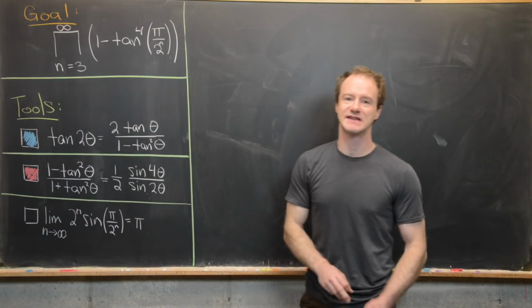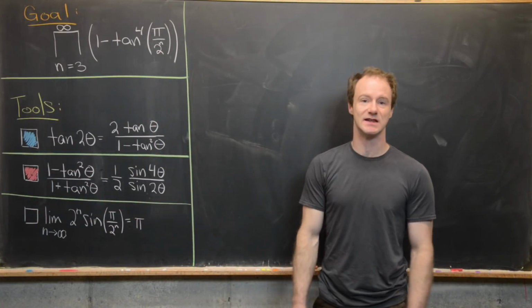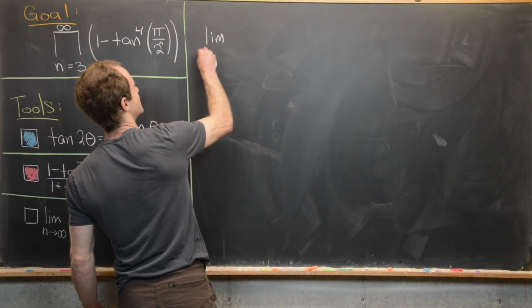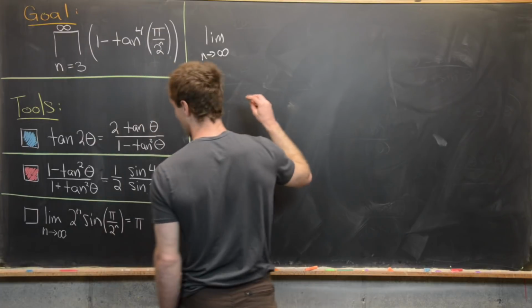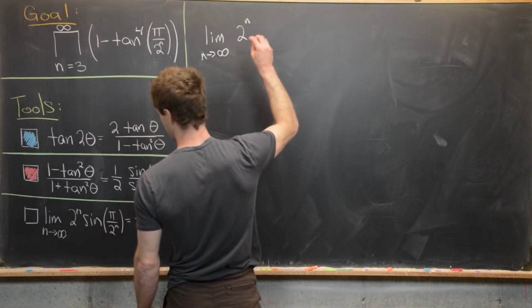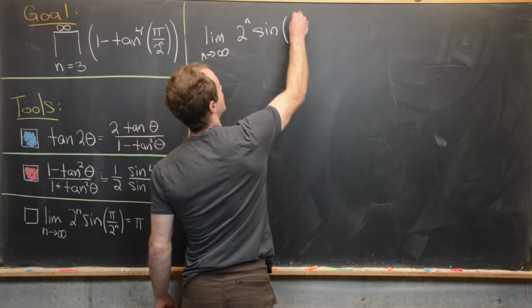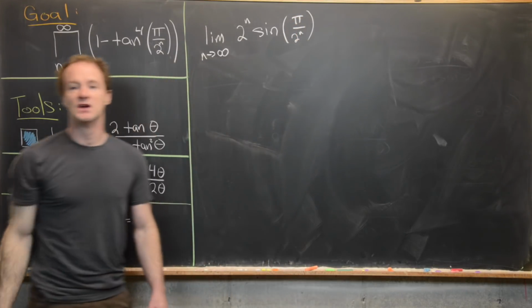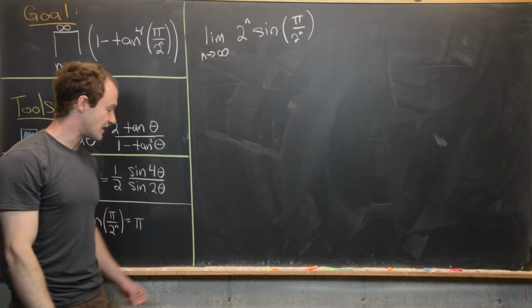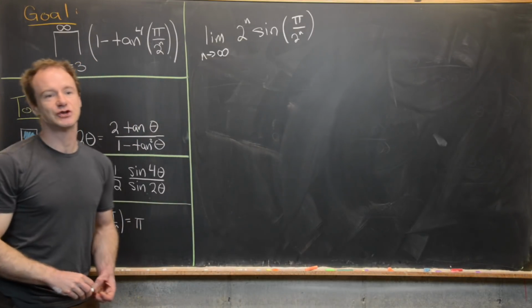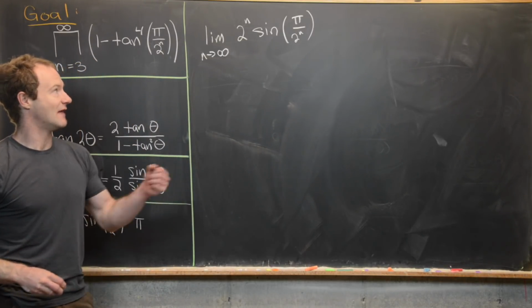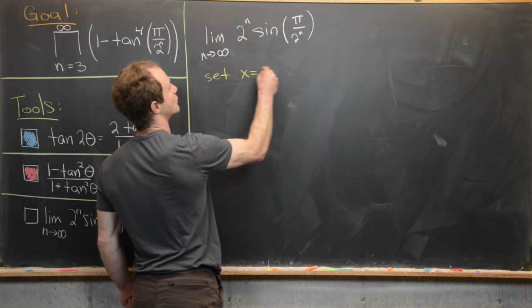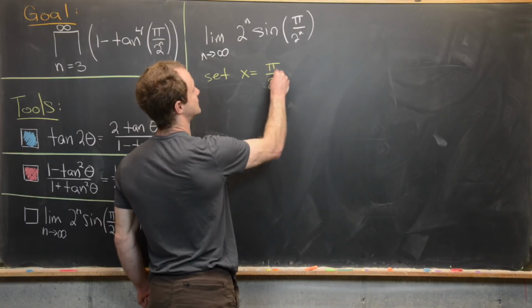And now we're ready to establish our third tool, which is this limit. So let's go ahead and write the left-hand side of this down. So we've got this limit as n goes to infinity of 2 to the n and then sine of pi over 2 to the n. Great. So what I want to do is do a change of variables to change this into a more common limit. And that change of variables I'll do is I will set x equal to pi over 2 to the n.